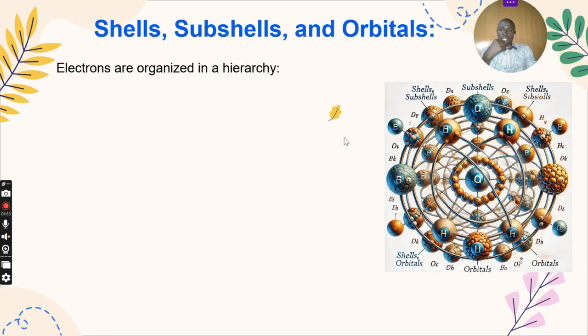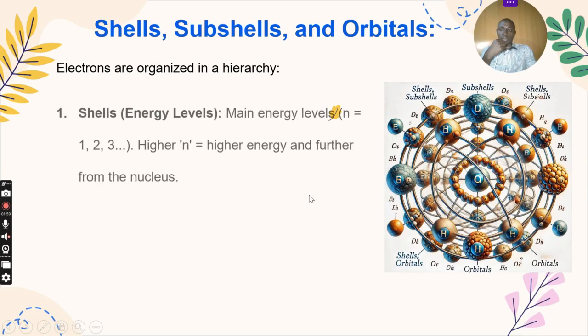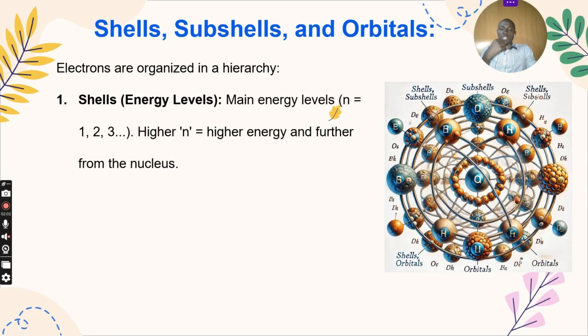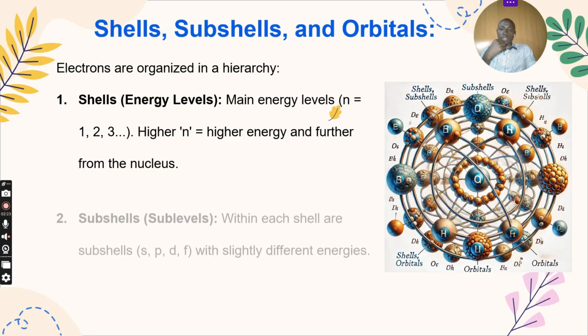Okay, let's talk about shells, subshells, and their relationships with orbitals. Shells represent energy levels in the atom. They are levels within which electrons occupy based on their energy. So the higher you go away from the nucleus, the higher the energy level of that shell.